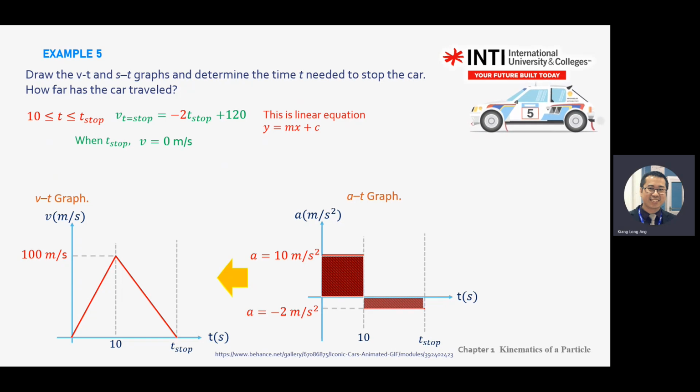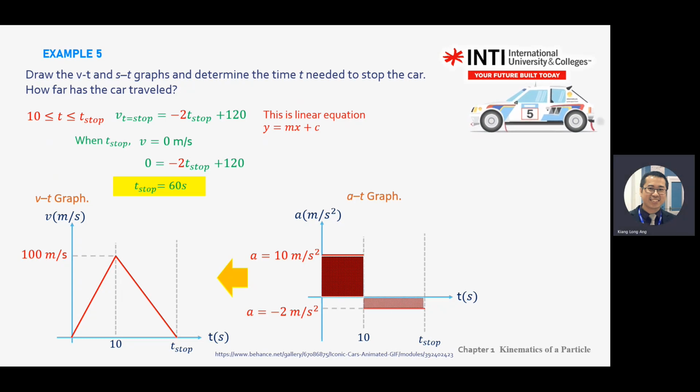Not minus, it's 60. Okay, you rearrange. The answer is 60 seconds. Once you get 60 seconds, you replace t stop with 60 seconds. Always update your graph.